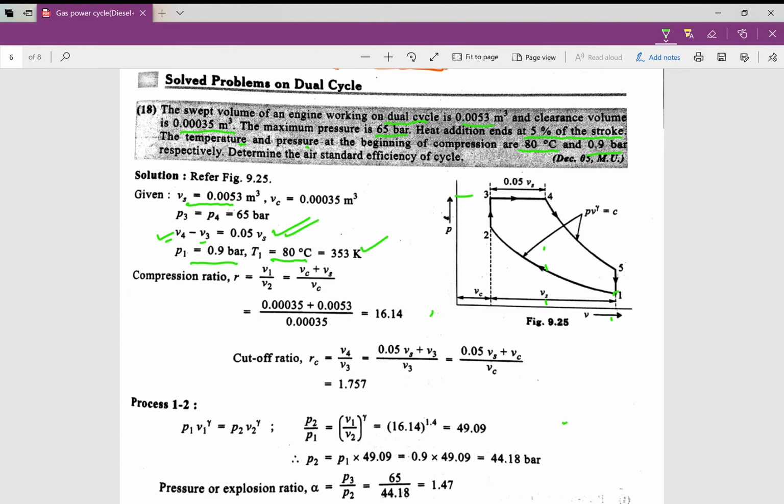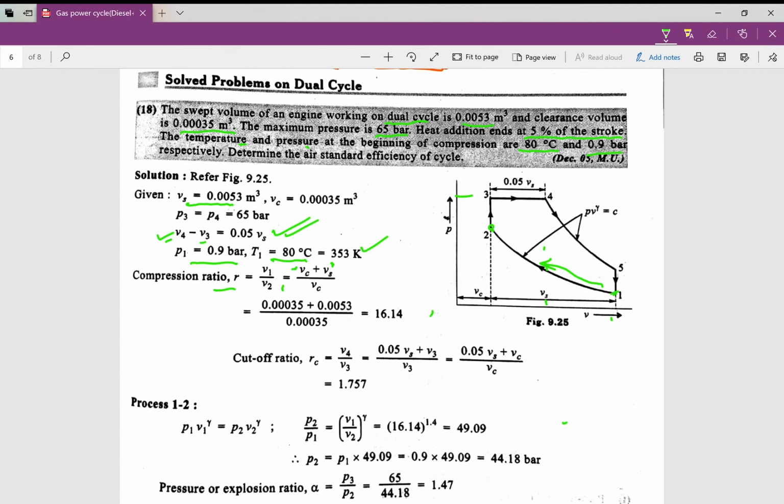So now, dear students, in this numerical both values are given, clearance volume and stroke volume. So we can write compression ratio r, that is V1 upon V2. This is your process of compression from 1 to 2.